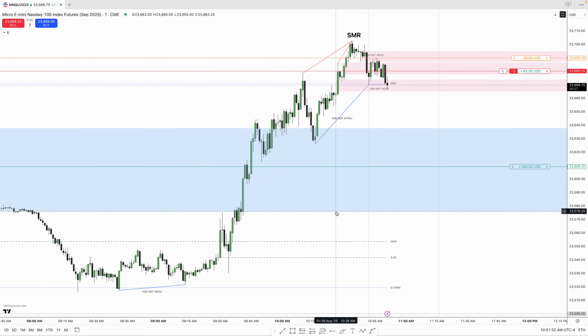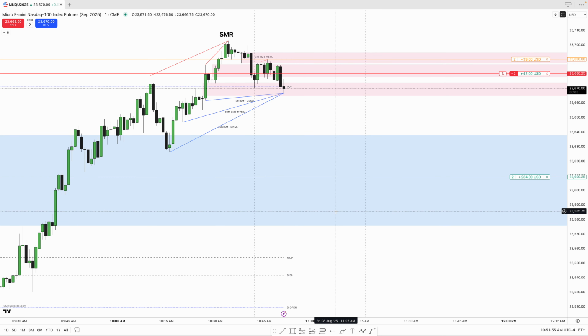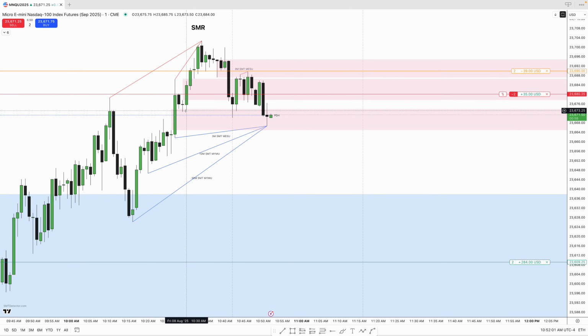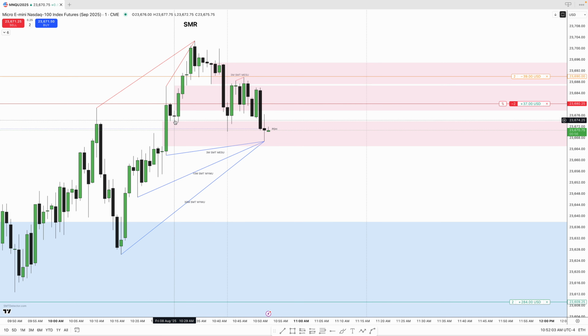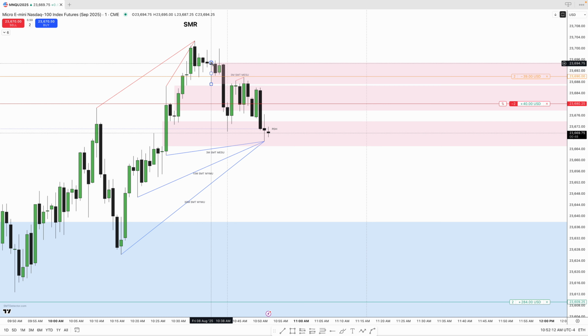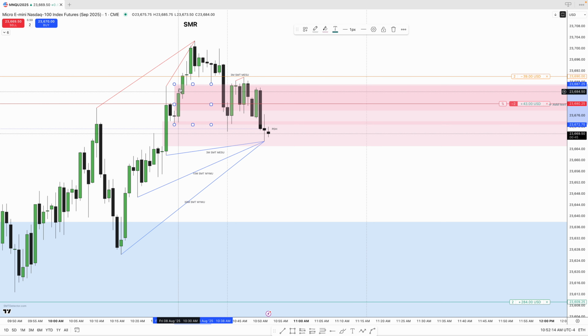I don't think I'll hold this for that long, so I'm going to try and take it here. But okay, so we've closed below this breaker. Next would be the IFVG, so we could mark this.